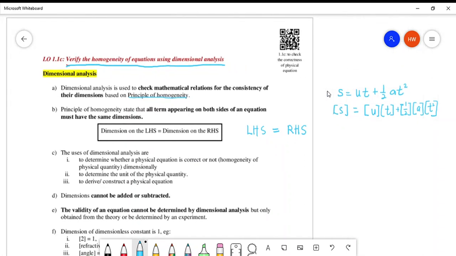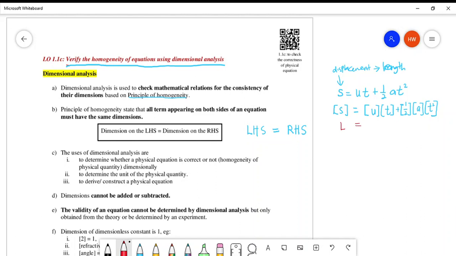It's easy to determine the dimension of S. S used here is displacement, which is measured in the unit meter, which is length. It is a length of a path. So the dimension for displacement is length.